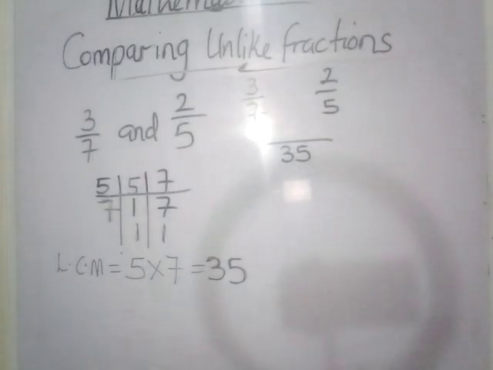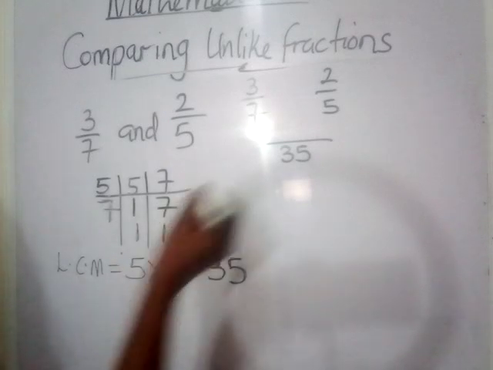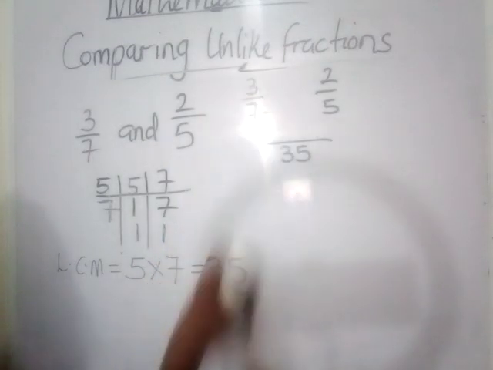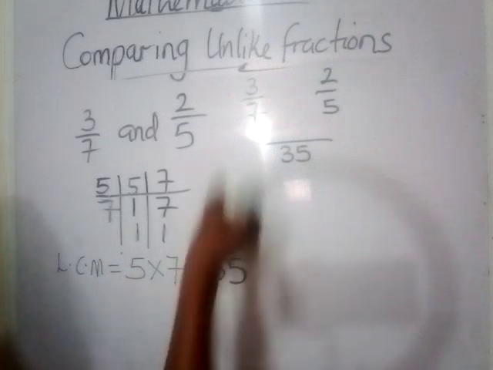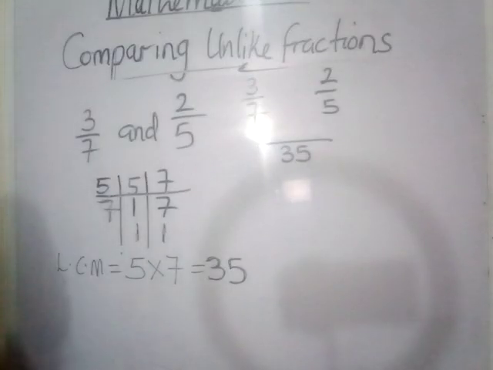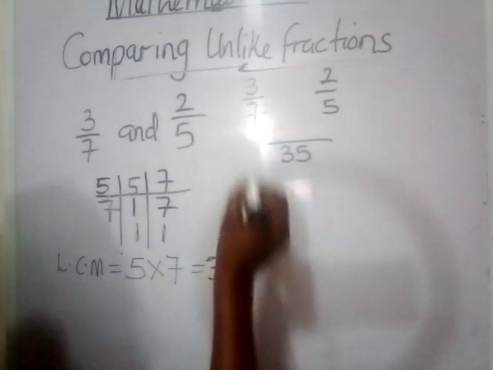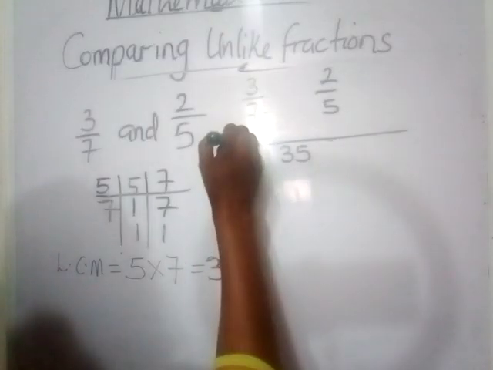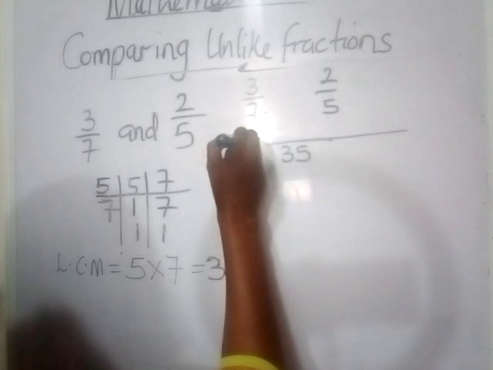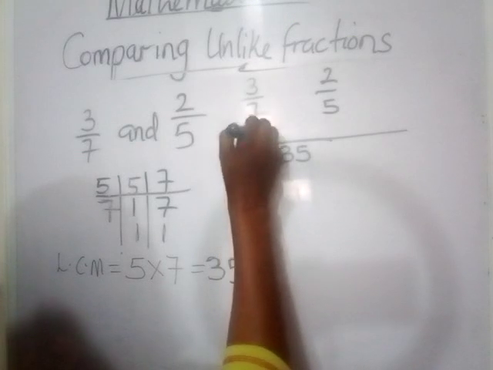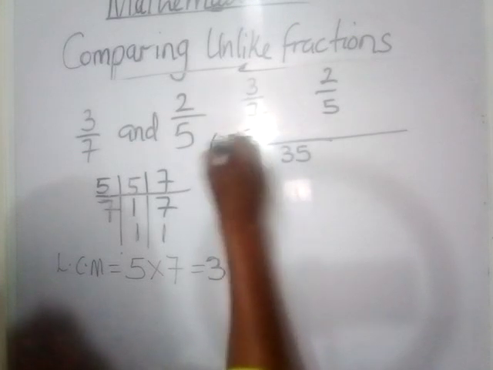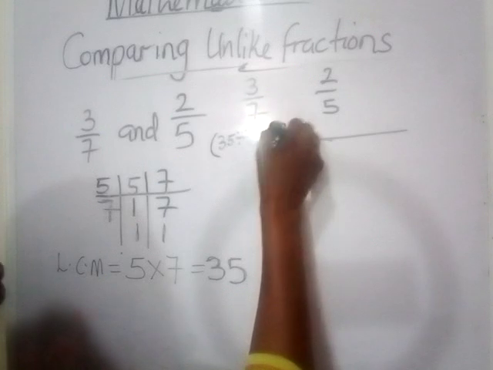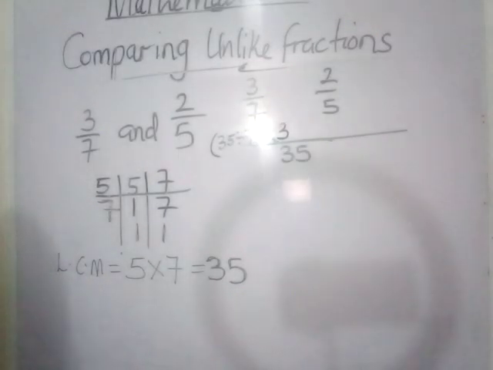So now to make these two fractions become like fractions, we will divide the new denominator by the old denominator and multiply our answer by the numerator. So how do we do that? Maybe I should just write it out. We are going to do 35 divided by 7, whatever answer you get, times 3. That is for the first number.